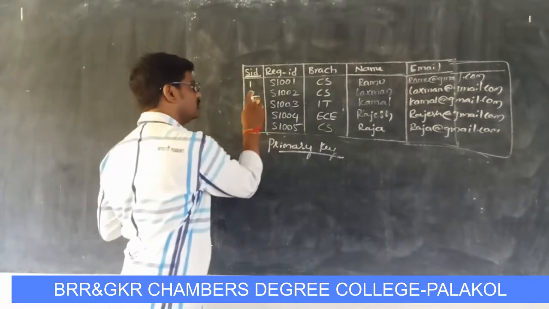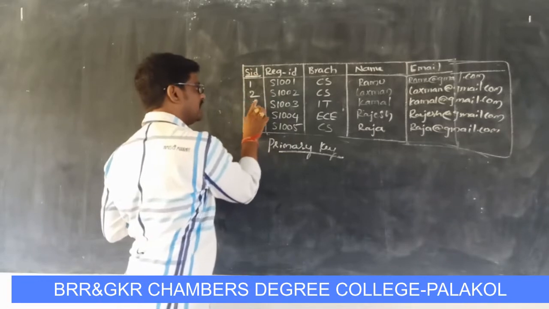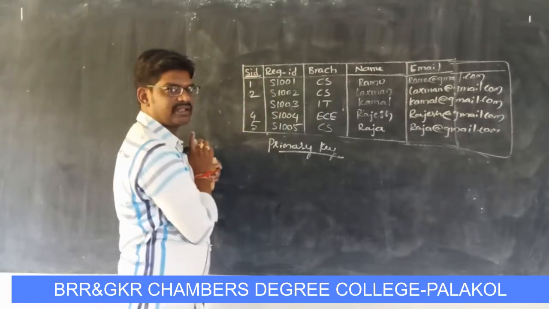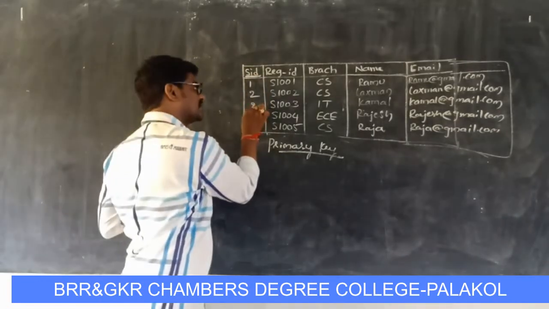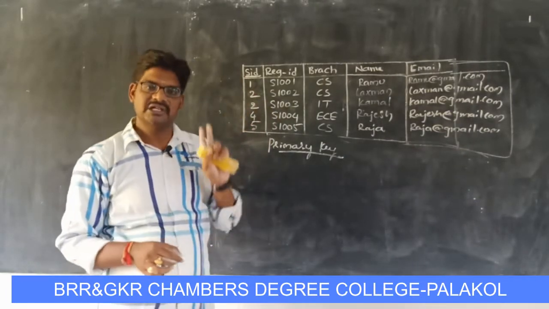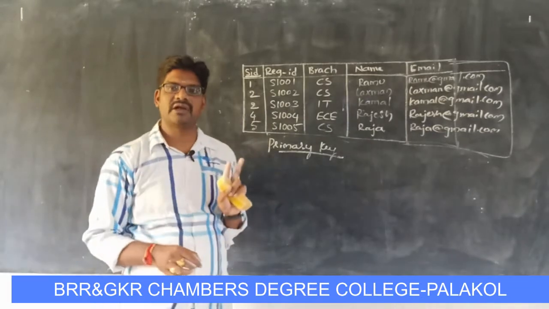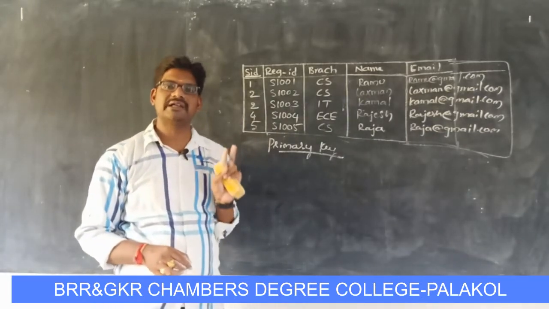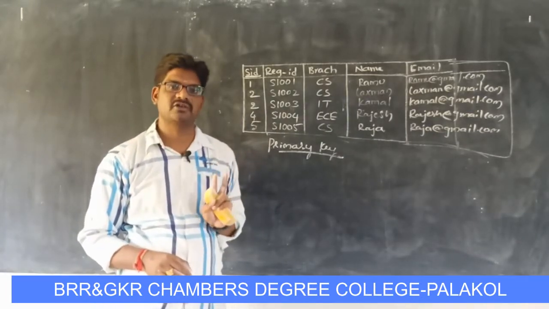And it does not allow duplications. For example, in this primary key table, we already inserted the value 2, and again we are inserting the value 2. This is called a duplication. It does not allow duplication. So the two properties of the primary key are: it cannot be null and it does not allow duplications. That is very important.